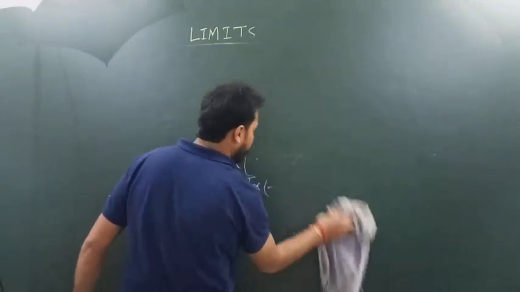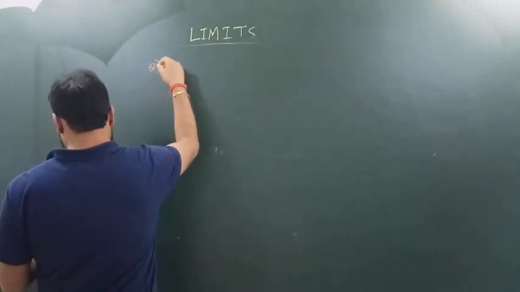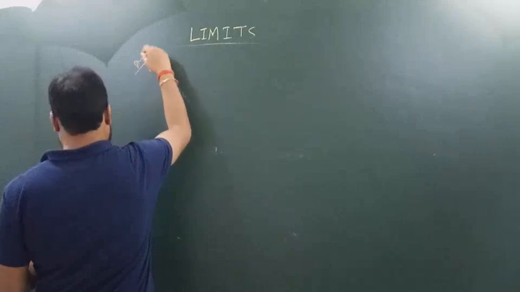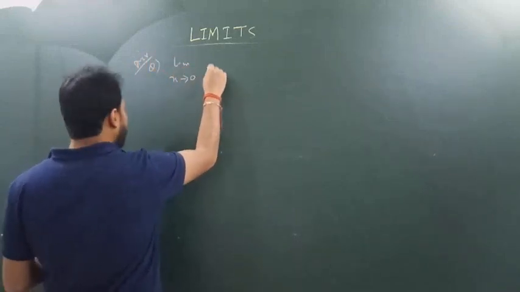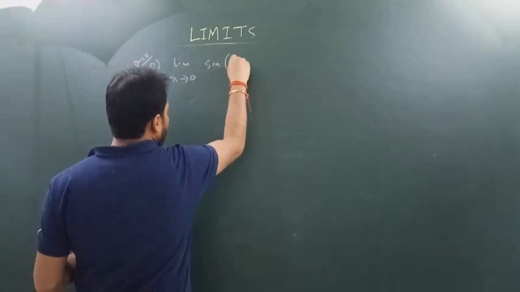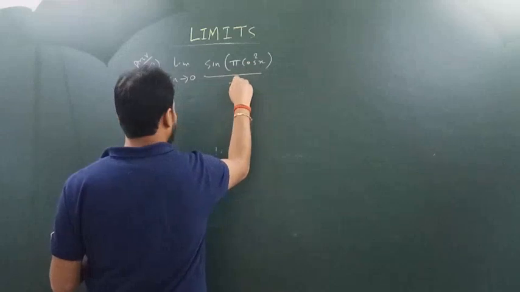Next question. This is a previous year question. Limit x tends to 0, sine of pi cos square x divided by x square.